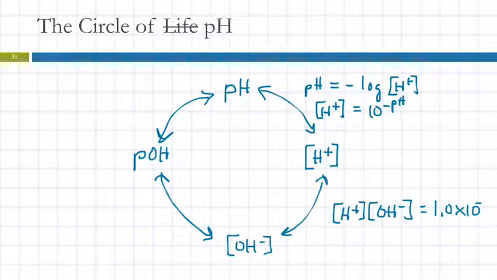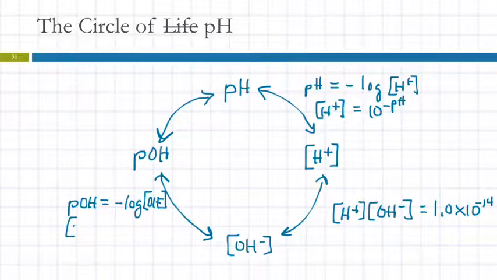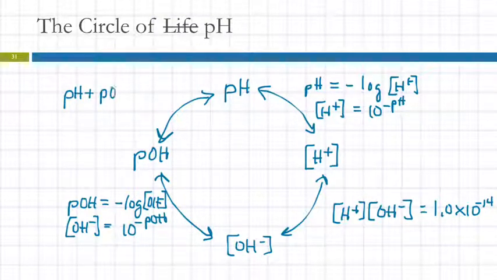So we know that those concentrations must have a product of 10 to the minus 14. Over here, these are the same as on the other side. Negative log of hydroxide ion concentration and the hydroxide ion concentration equals 10 to the negative pOH. And then we have that little rule that we just derived, pH plus pOH equals 14. And that is the circle of pH.